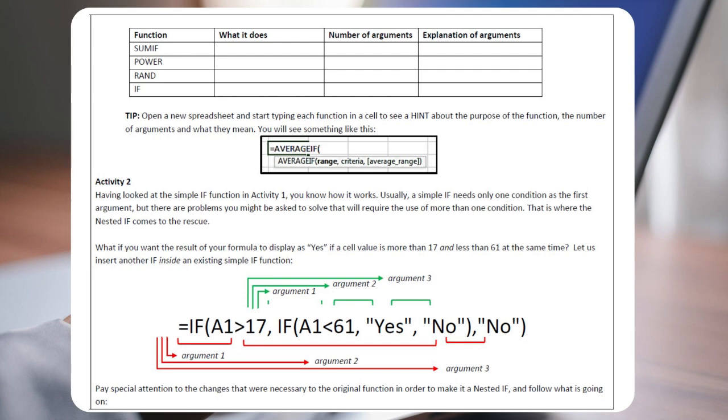Tip: open a new spreadsheet and start typing each function in a cell to see a hint about the purpose of the function, the number of arguments and what they mean. You will see something like this.